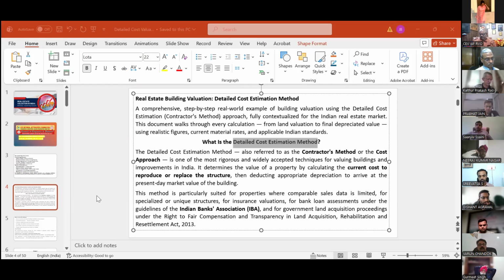So for calculating detailed cost estimate, what are the things which you require? What are the documents you require? Detailed drawings. Yes, sir. So the first thing is you must have detailed drawings with you.